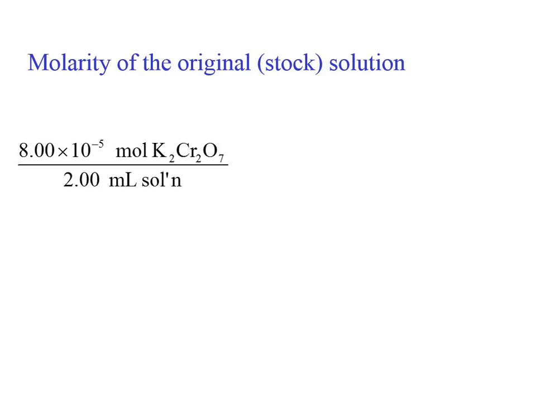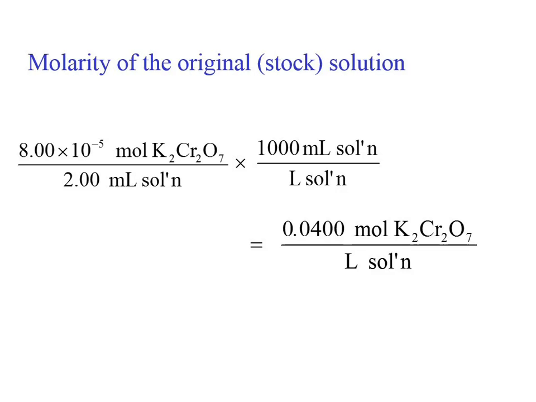So we need to introduce 1,000 milliliters of solution over 1 liter of solution to get our units right. So rounding it to 3 significant figures, I get 0.0400 moles of K2Cr2O7 per liter of solution, otherwise called 0.0400 molar K2Cr2O7.